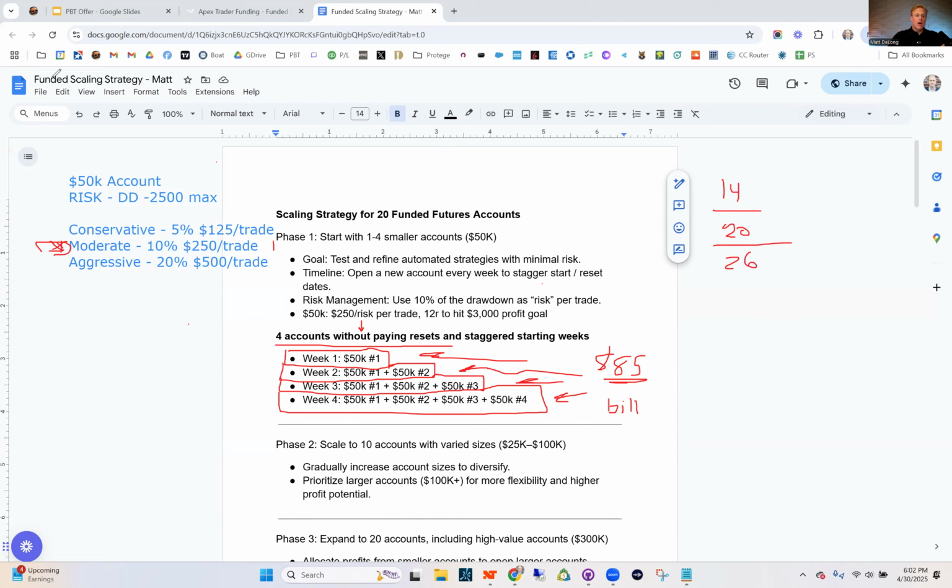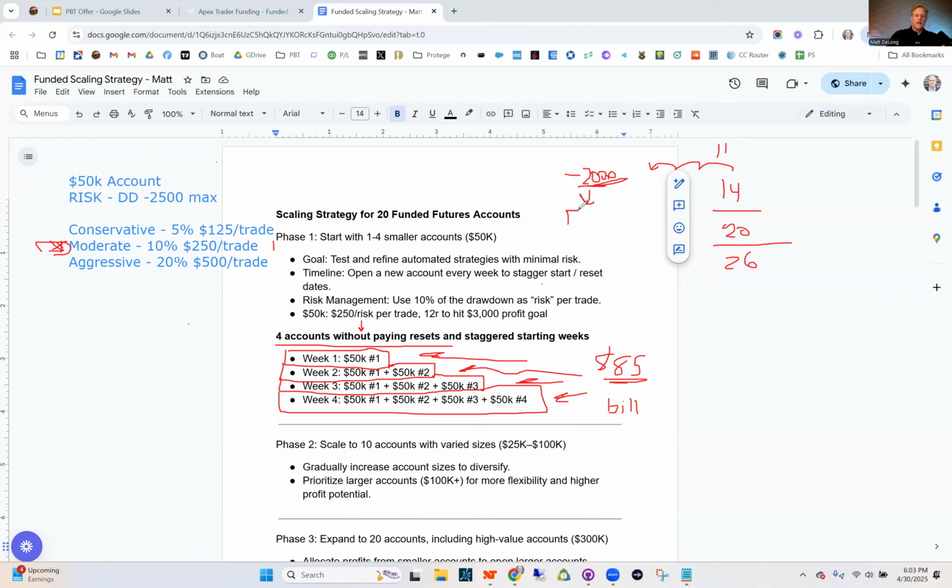Now on my Google Calendar, I have notes on like the 11th, so like 3 days before, that say, hey, if my account is down, let's say $2,000, I'm going to intentionally take some trades to blow up an account.